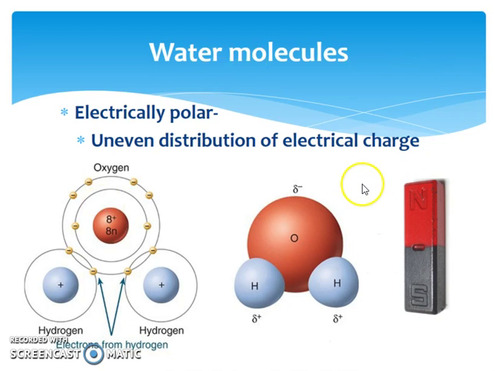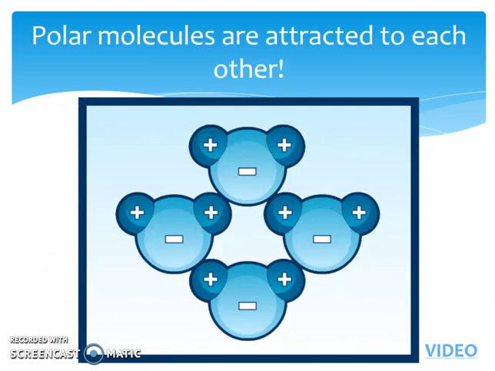Because of those charges, polar molecules like to attract to one another. If we were to draw a picture of them, you can see, just like a magnet, the positive attracts to the negative and so on and so forth. And that's how we get those water molecules sticking together. The fact that those charges stick to one another means these water molecules are going to have some specific properties that go with them.